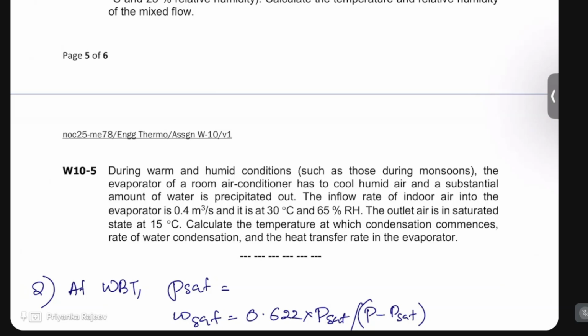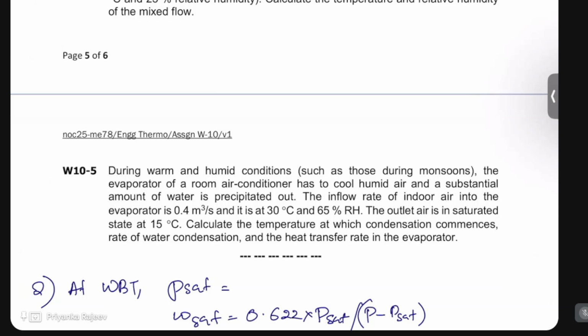Okay, so everything is direct question only. Inflow is given, outflow is given, initial temperature, relative humidity is given. Now we have to find condensation temperature, that is dew point, water rate, and heat transfer. So dew point of incoming air we can find from PV equation.